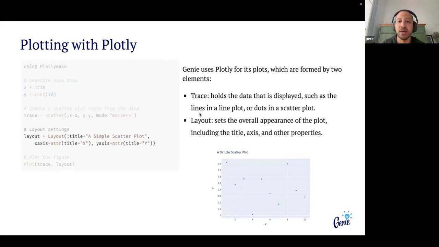Then we would define the layout, which sets the appearance of the plot with things such as title, axis, and other properties. And after we have defined these two objects, we call the plot function with the trace and the layout, and this will show a plot like this one we have here.